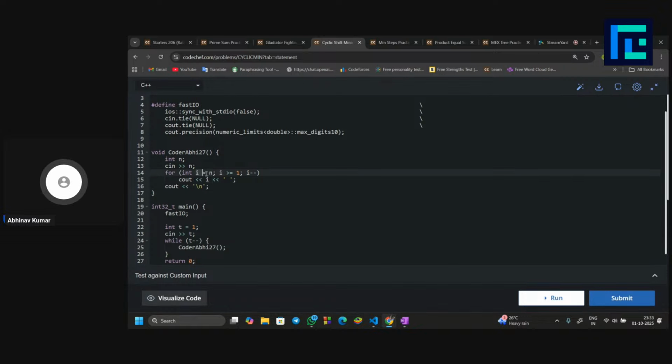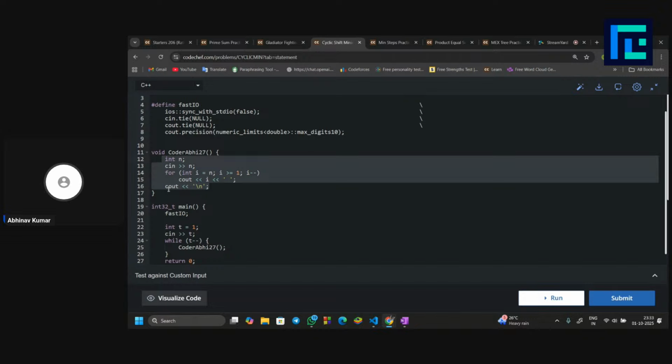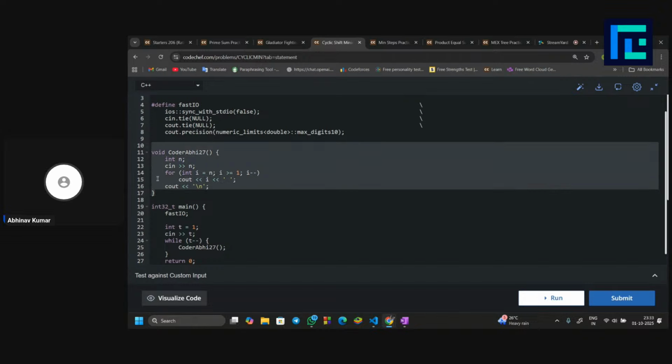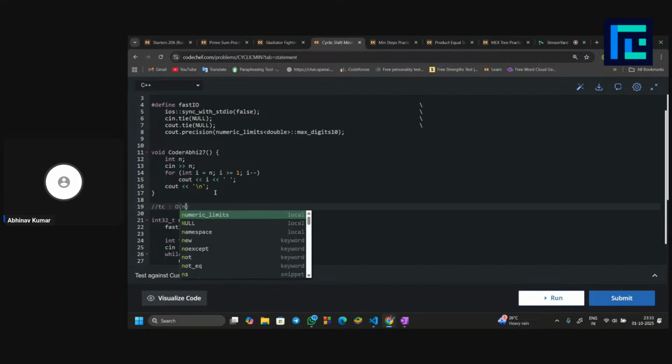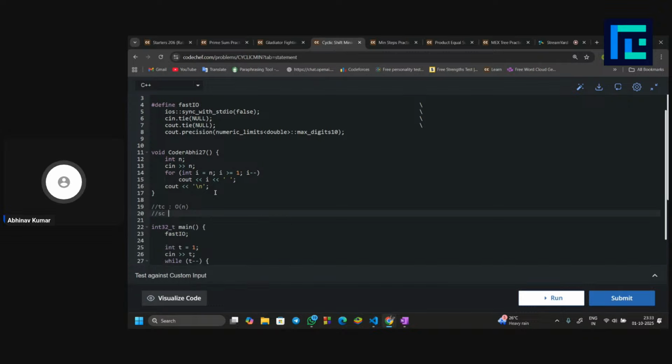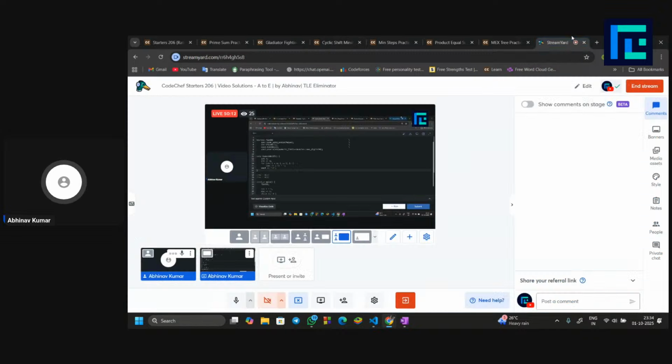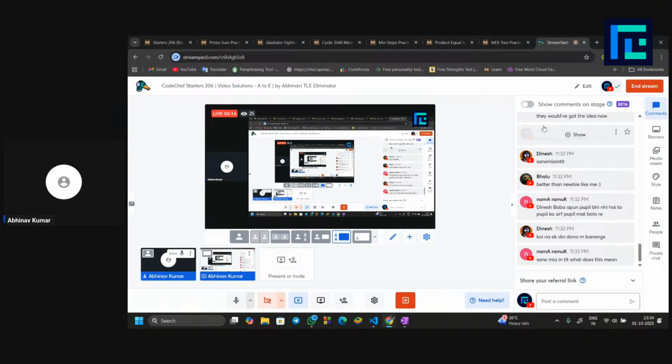Just start with i equal to n to 1, print all of them space separated, with cout and a max limit. This is the code. Its time complexity is order of n, for running a loop of n for printing. Space complexity is order of 1. You are not using anything other than an integer. Okay, so I hope this problem is clear to you. Any doubts in this problem?